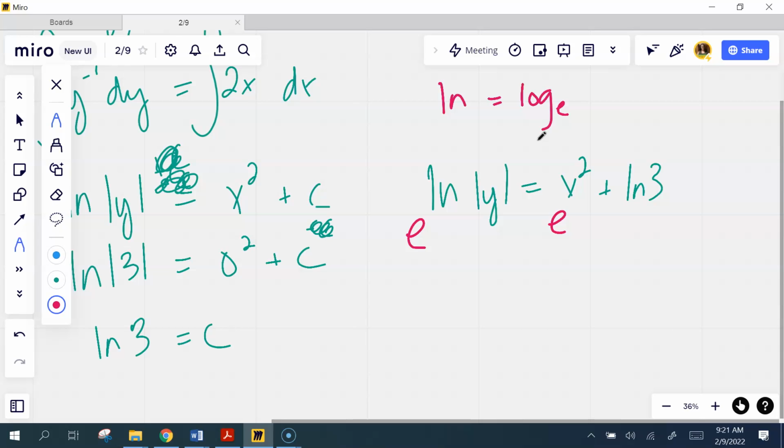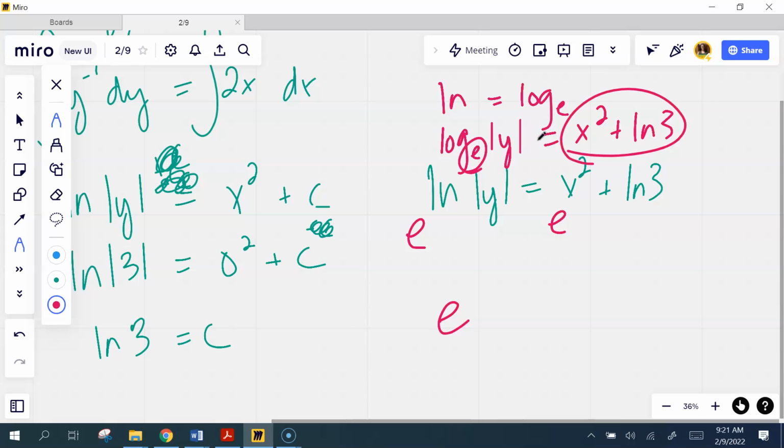So to get it out of log form, this is really log base e of the absolute value of y equals x squared plus log 3. So to change the form, the base is e, it's raised to all of this, equals the absolute value of y.